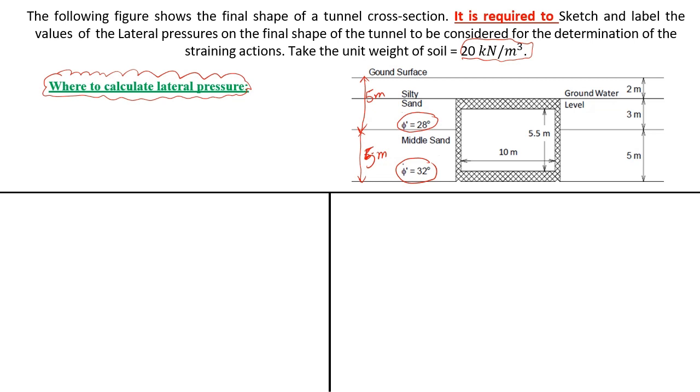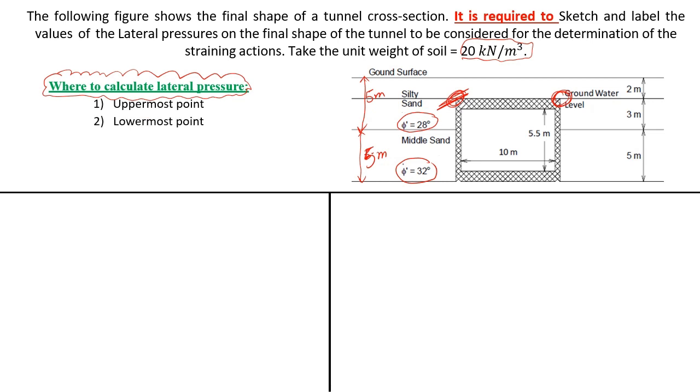The first point is the uppermost point of your retaining wall, of your underground structure. When you deal with a tunnel like this, you have to calculate at the uppermost point in the underground structure.